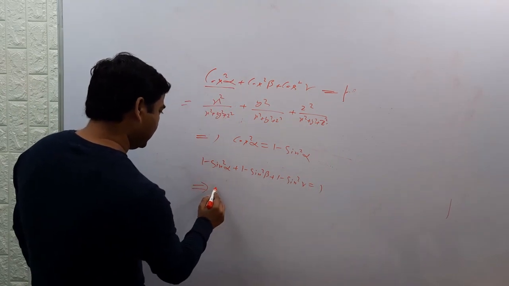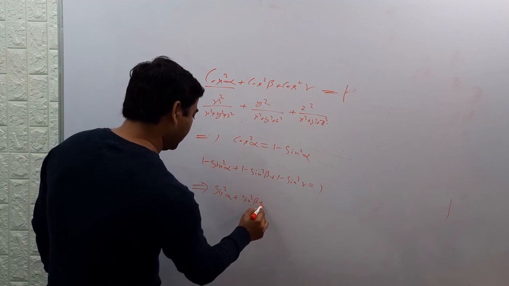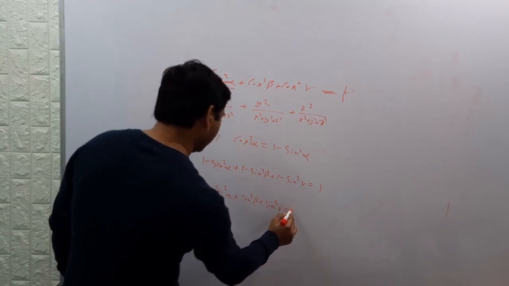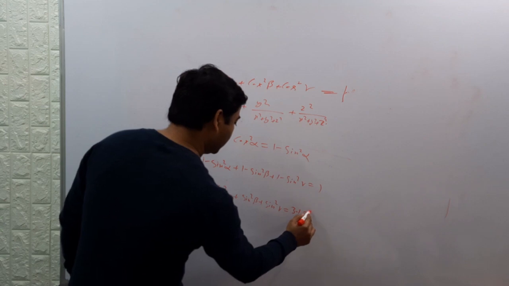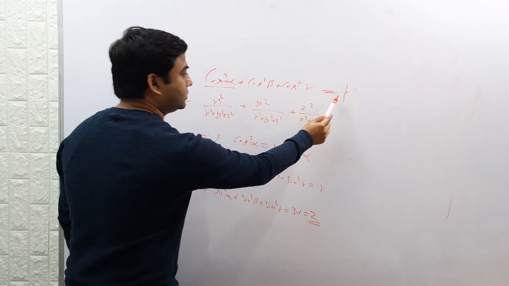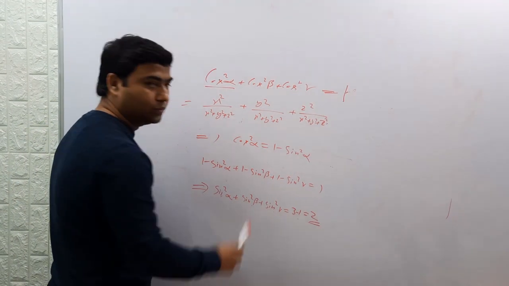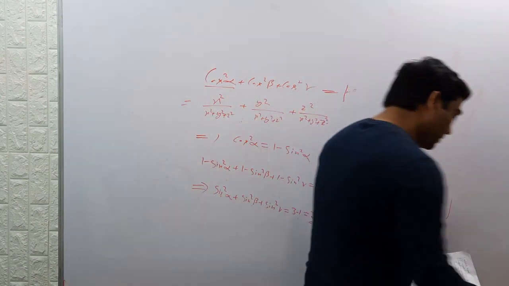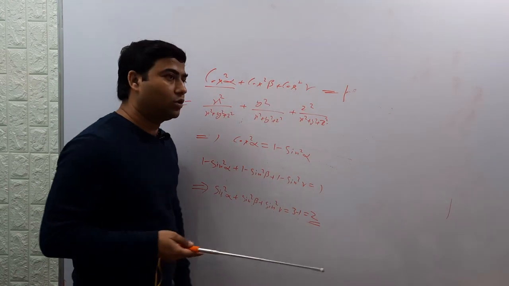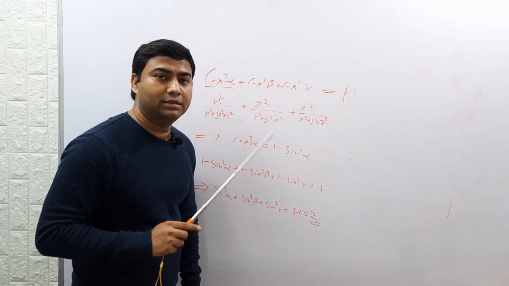So sin square alpha plus sin square beta plus sin square gamma is equal to 3 minus 1, which is 2. So these are two expressions: cos square alpha plus cos square beta plus cos square gamma is 1, and sin square alpha plus sin square beta plus sin square gamma is 2. These are the properties of directional cosines of a given vector, where alpha, beta, gamma are the angles of that vector from the x-axis, y-axis and z-axis.